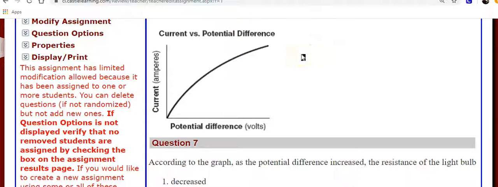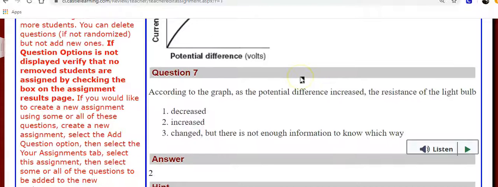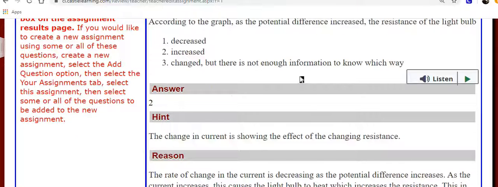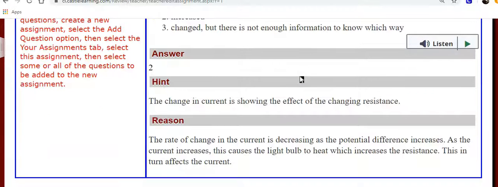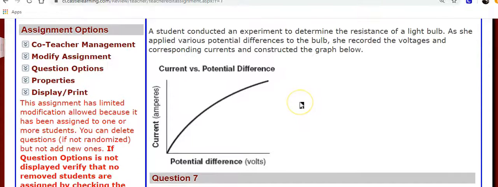So there's a temperature value, and now there's a potential difference relationship as well. The change in current is showing the effect of the changing resistance. The rate of change in the current is decreasing as the potential difference increases. As the current increases, this causes the light bulb to heat, which increases the resistance. This in turn affects the current. So you have more resistance, you have less current that gets through.